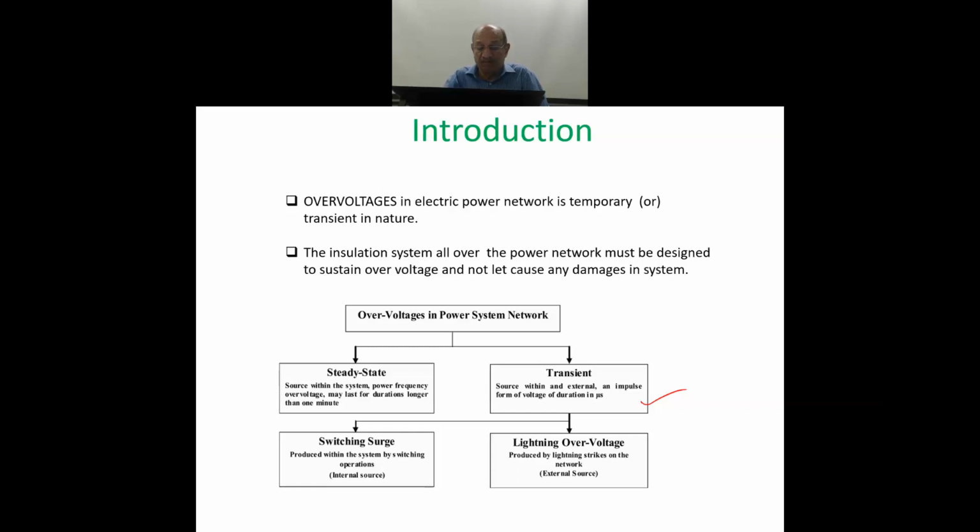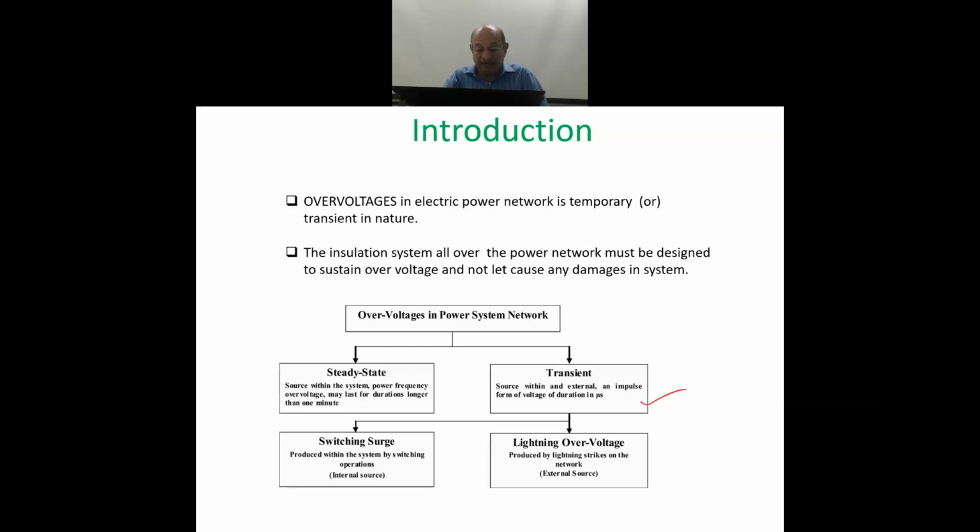That means it's not power frequency voltage, it's an impulse voltage of duration in microseconds and milliseconds maximum. There are two types of transient overvoltages. One develops within the system, and another one comes from outside.